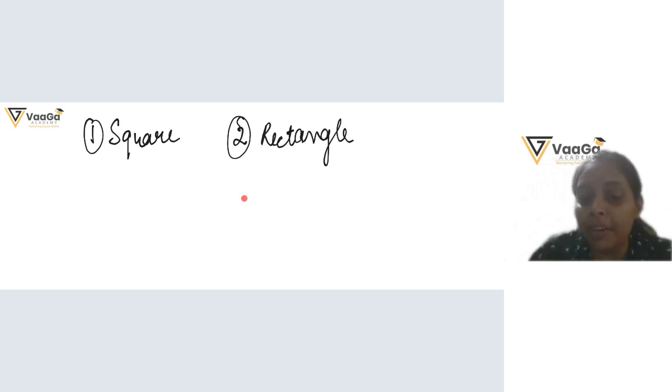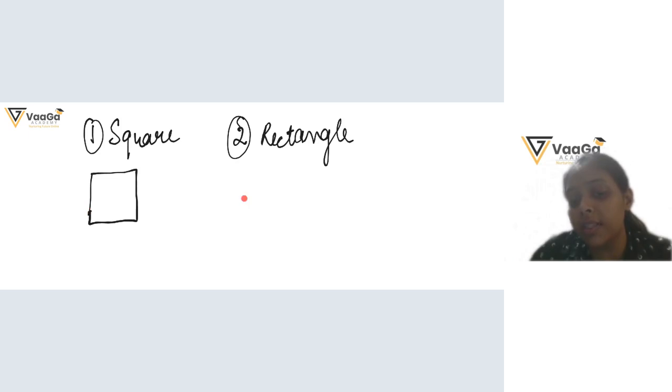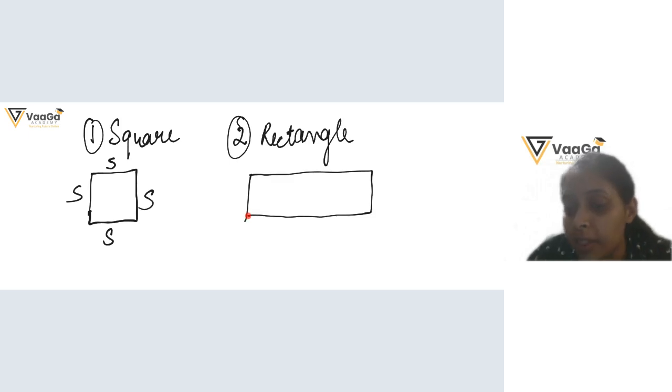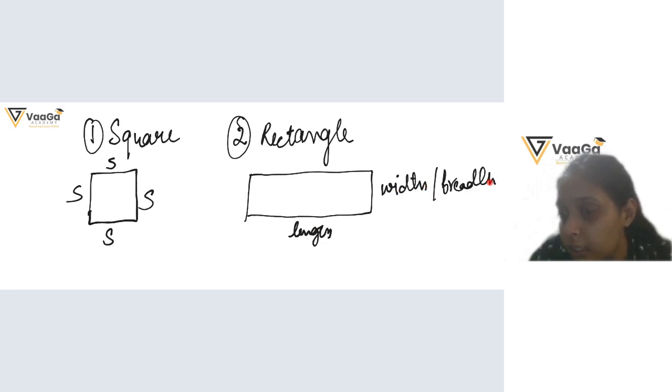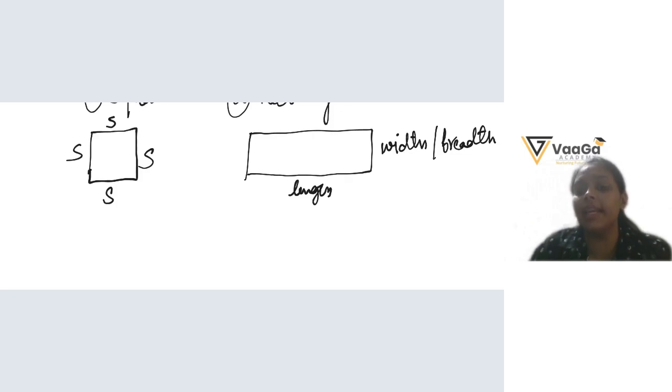Right, very good. So the main difference between a square and a rectangle is that in a square all the sides are equal. So all the sides are, let's say, S, S, S. While in a rectangle we have two different names. This one is known as the length and this side is known as the width or the breadth, right? Yes, ma'am. Now, how will I find the area?